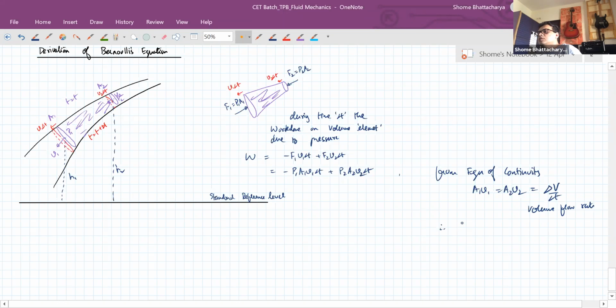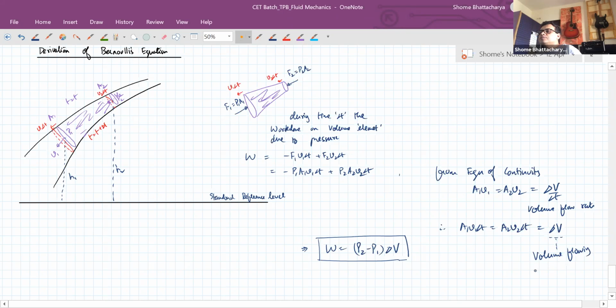So therefore, A1 V1 delta T is equal to A2 V2 delta T is equal to the volume of liquid that flows through in that small time delta T. So this work done can be written as P2 minus P1 into delta V. So this is the work done in time delta T, where delta V is the amount of volume flowing through the pipe in time delta T. So that becomes this.